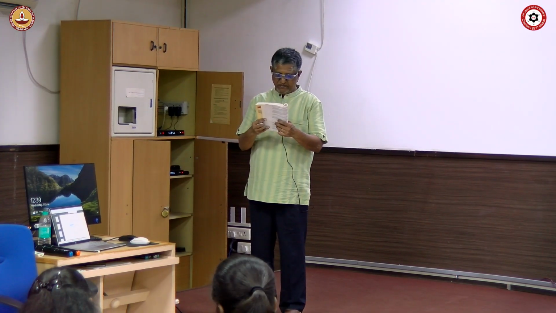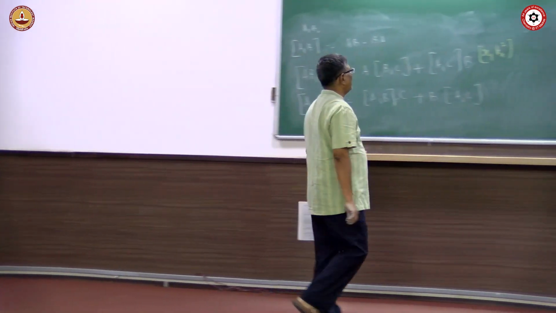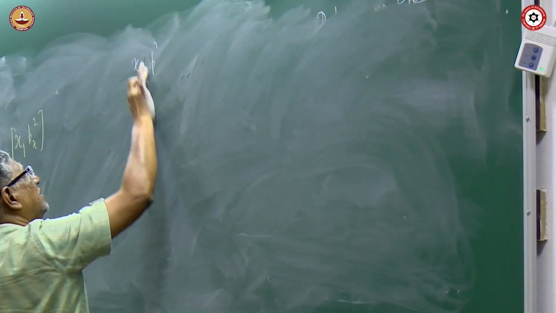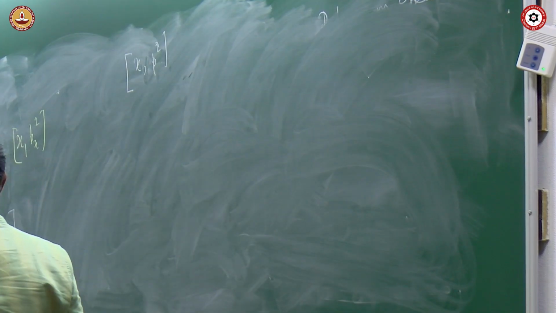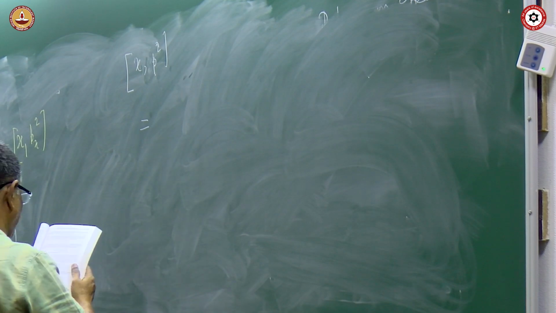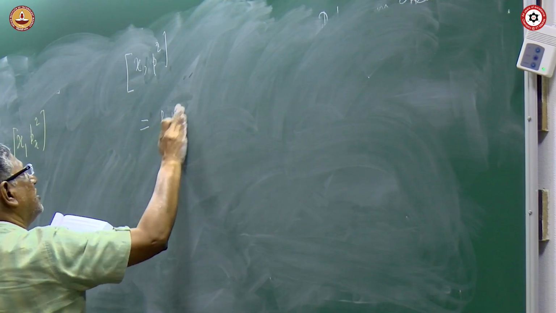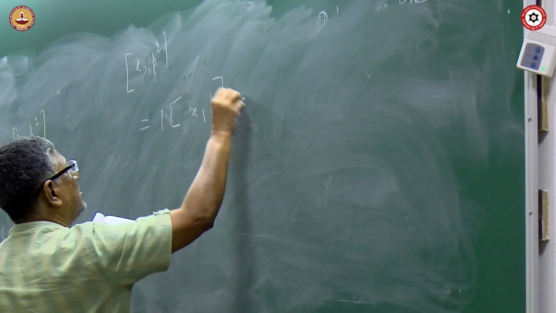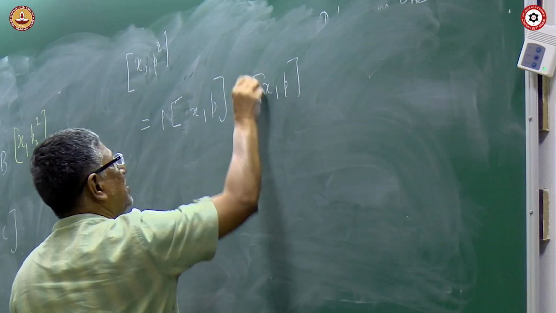Now I try for this: [x, p²] can be written as p[x, p] plus [x, p]p.